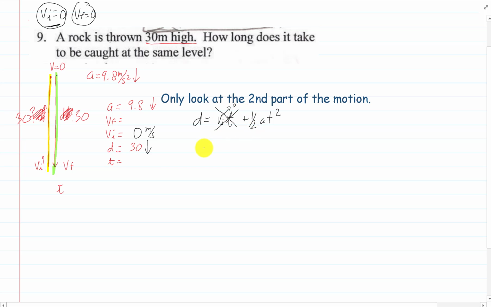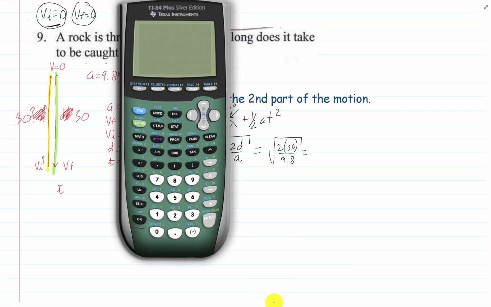So solving for time with D equals 1/2 AT squared, we get T is equal to the square root of 2D over A. Just rearranging that formula, and that's going to be the square root of 2 times 30 divided by 9.8. And Mr. Calculator will help us on this one.